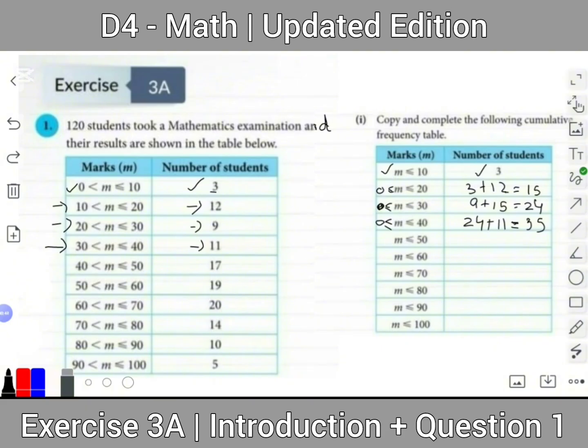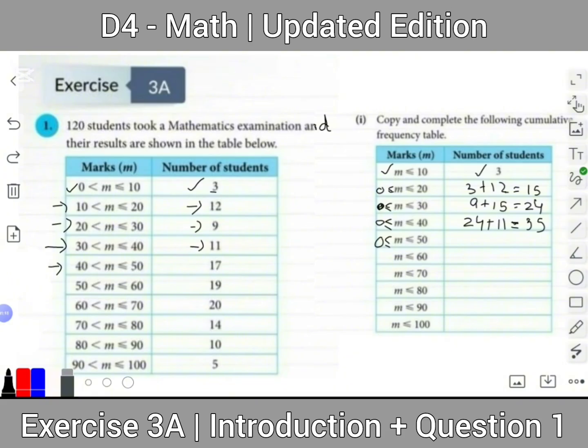Similarly, for the fifth entry, the class interval 40 to 50, the marks need to go from 0 to 50. So now we are going to get all of the students.